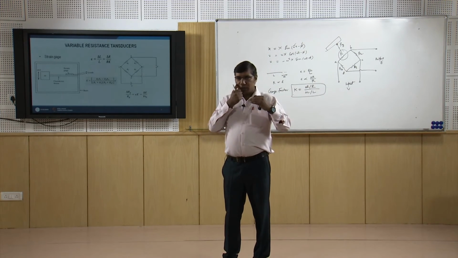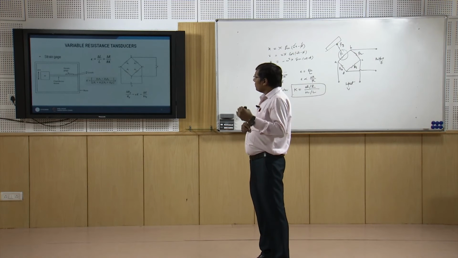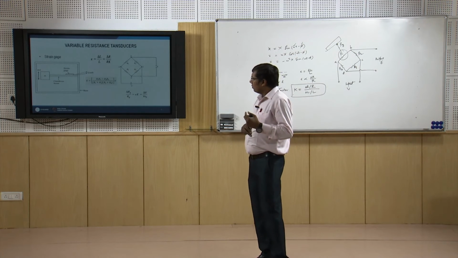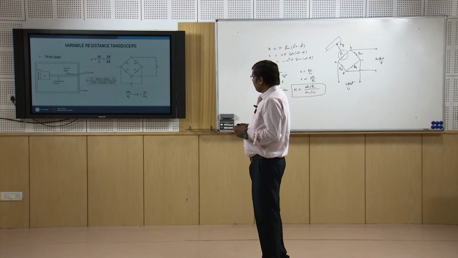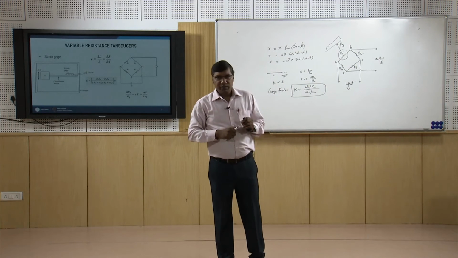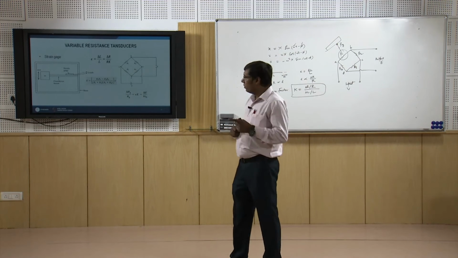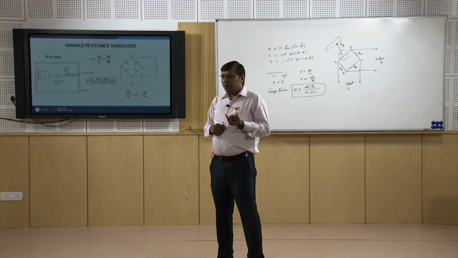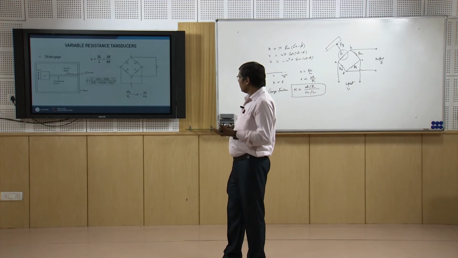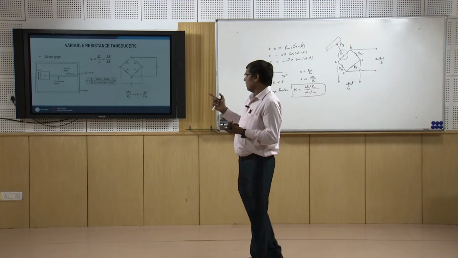However, when there is some vibration, there will be a change in the resistance of the strain gauge R1 or Rg, and so the Wheatstone bridge will be unbalanced. Then there will be some current and some voltage E. So E will be non-zero, and by measurement of E, we can convert it to strain, and the strain can be related to X.